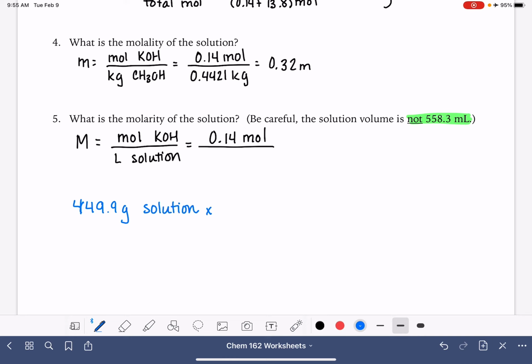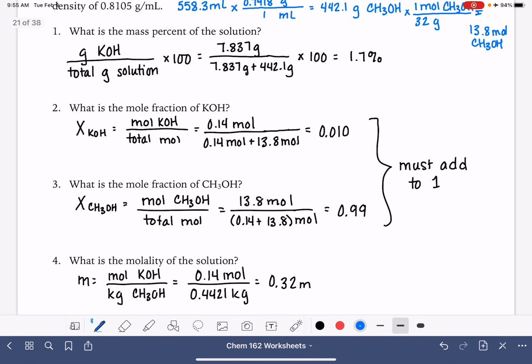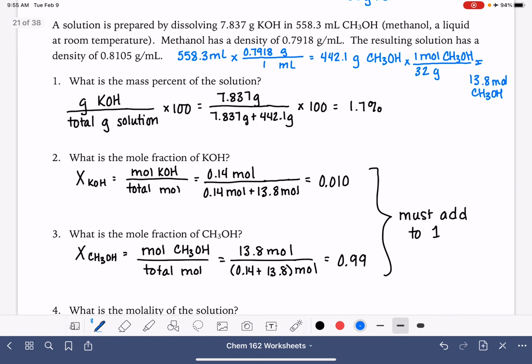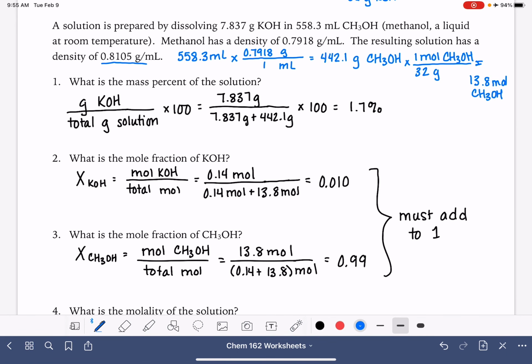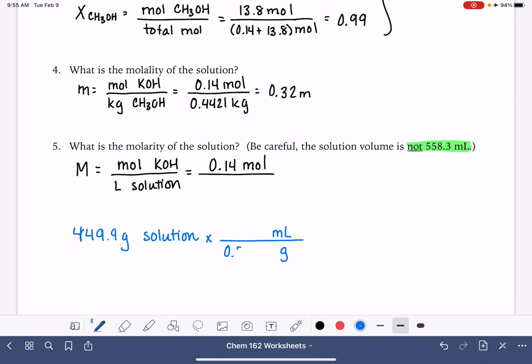And we need the volume of solution. So we need our mass to cancel and to convert into units of milliliters. And that's going to be from the density of the solution. The density is 0.8105 grams for every milliliter. 449.9 divided by 0.8105 is 555 milliliters.